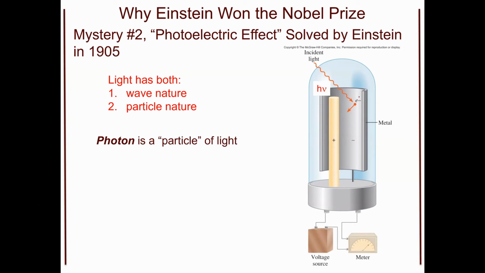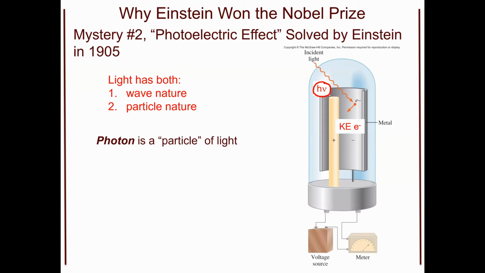This is going to have some energy. You see that energy here based off of h nu. When it hits this metal, if it has enough energy, it is going to start to eject electrons that are just barely being held on by this metal. If an electron is ejected, it is going to end up having some velocity.